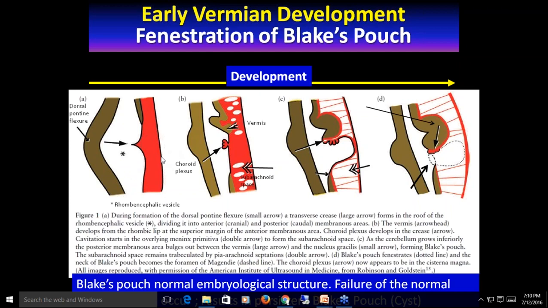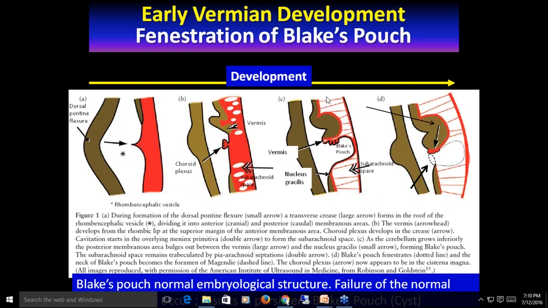As development continues, we can begin to see the development of the vermis, the choroid plexus, and in the area that is going to become the future subarachnoid space, we see some cavitation occurring.